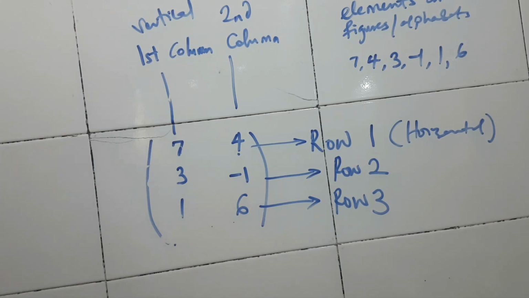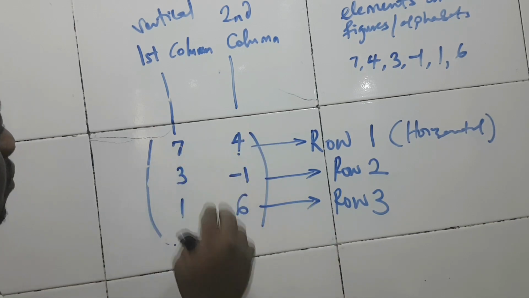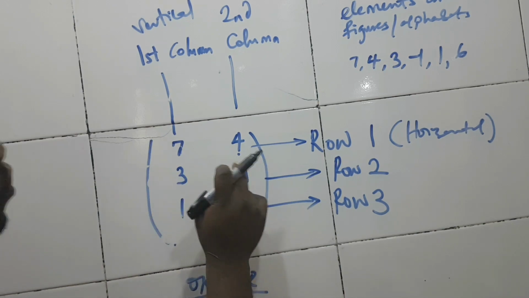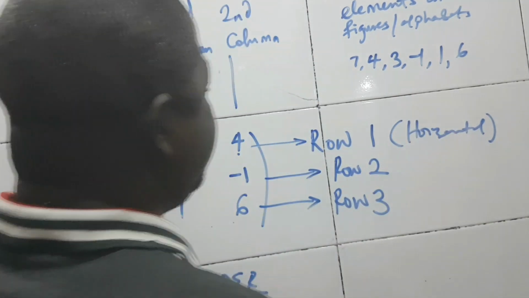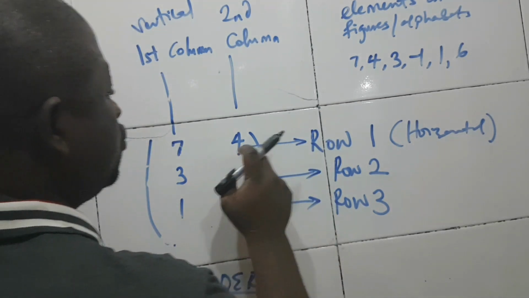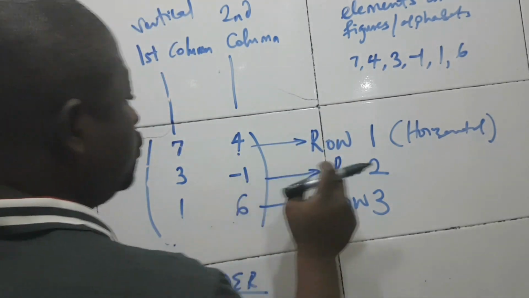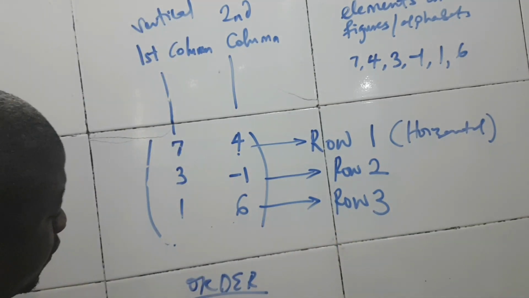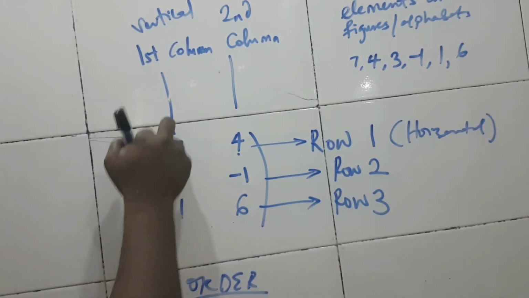Now look at it. If I say take the row first, like this now, I may ask you, what kind of order is this matrix? This is a matrix question. Now if I want to write the order of the above, the order is what? You take the row first. How many rows do I have? This is row 1, row 2, row 3. So I have 3 rows by how many columns?